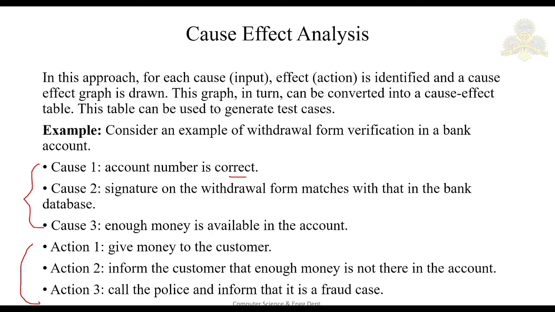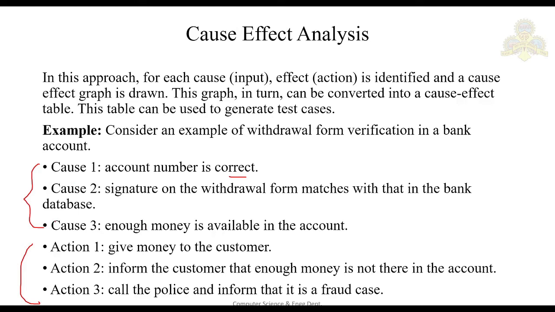Then what should be done? You should not give money to the customer, right? Then the third test case would be account number is correct, but the signature does not match, again you have enough money. Whenever this happens, again you should not give the money, right? So this is one combination I have taken. You can have multiple combinations for the same thing.